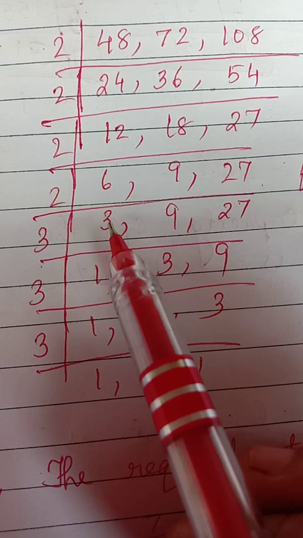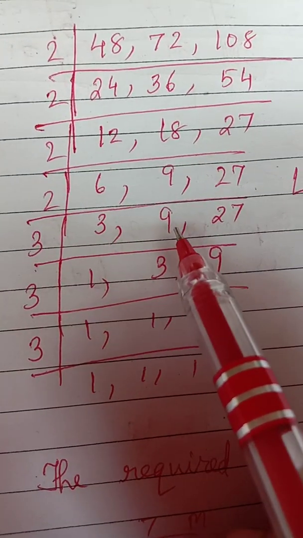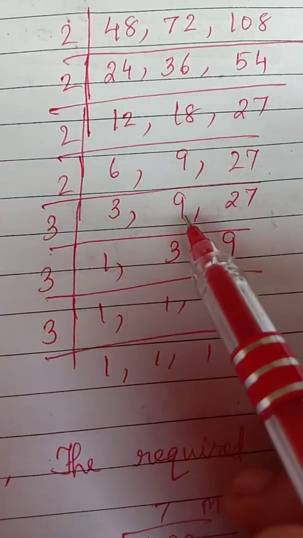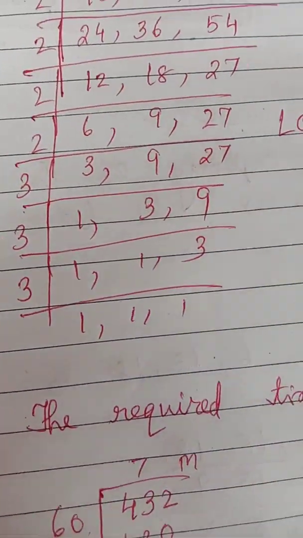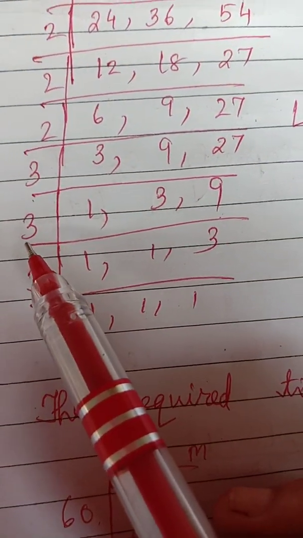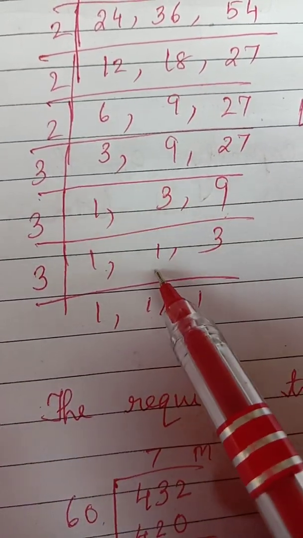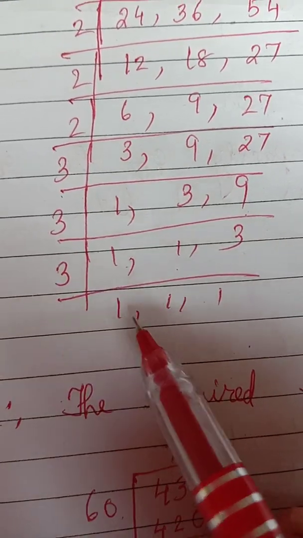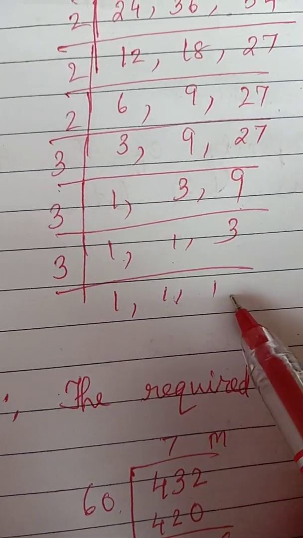Apply 2 again: 2 3s are 6, 9 as it is, 27 as it is. Apply 3: 3 1s are 3, 3 3s are 9, 3 9s are 27. Again apply 3: 1 as it is, 3 1s are 3, 3 3s are 9. Now apply 3 again: 1, 1 as it is, 3 1s are 3.